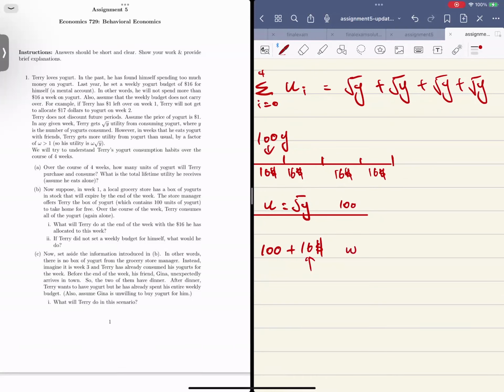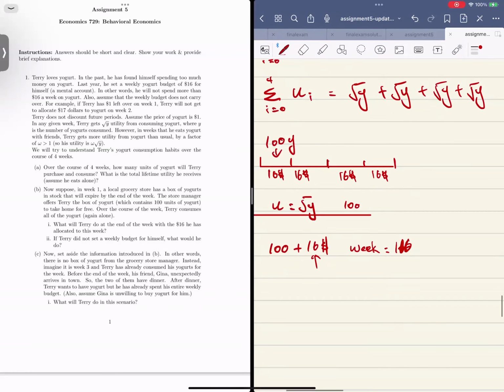So in week 1, he will consume 116 units of yogurt, right? To maximize his utility. Because his utility resets every week. Not like utility reset, but his mental accounting resets.